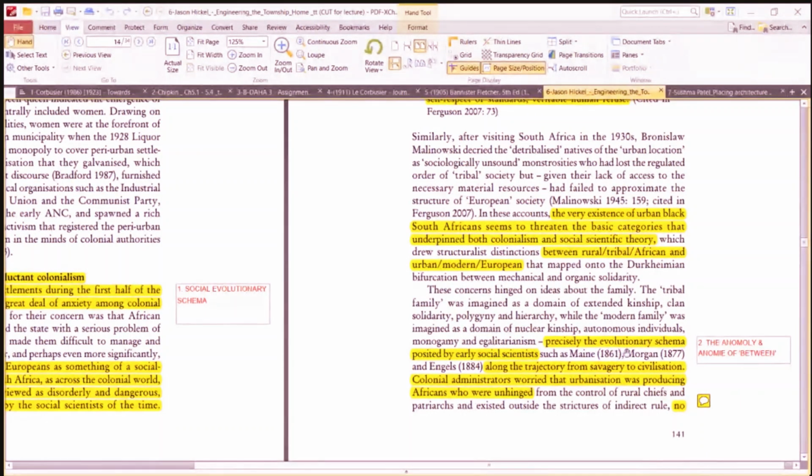Precisely the evolutionary schema posited by early social scientists, along the trajectory from savagery to civilization. So that's the evolutionary scheme. As human beings, we have moved from savagery to civilization, but now the savages want to be in the city where the civilized people are. What is going on here? That's not how evolution works.